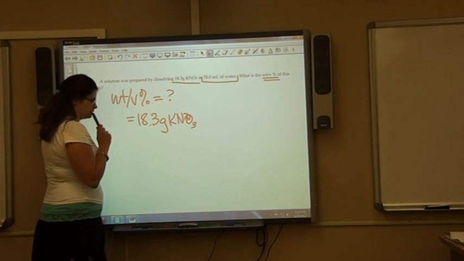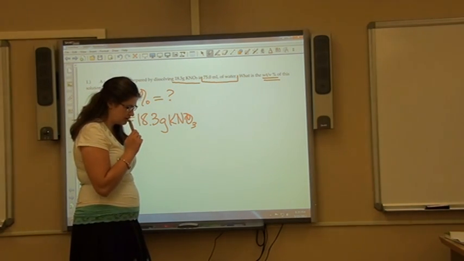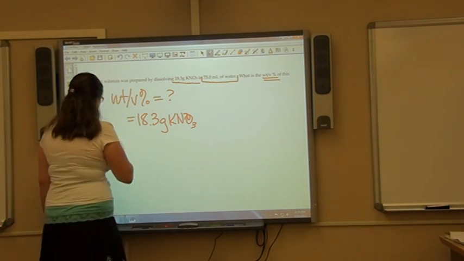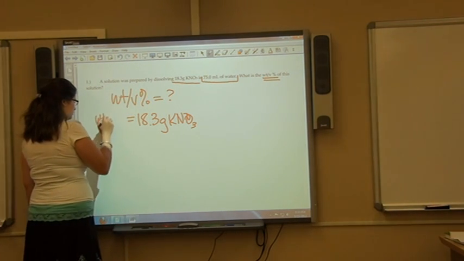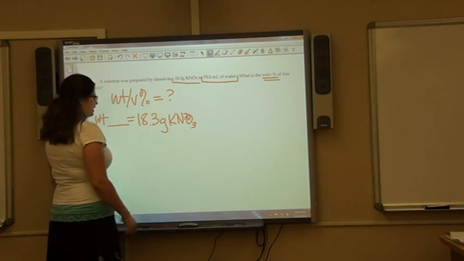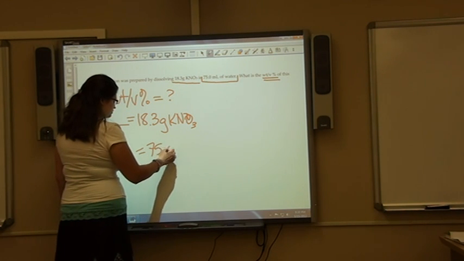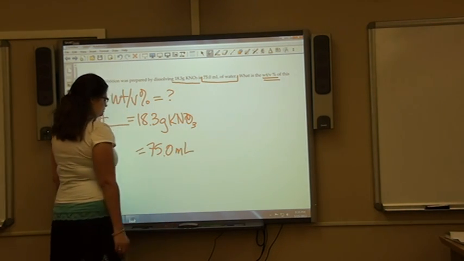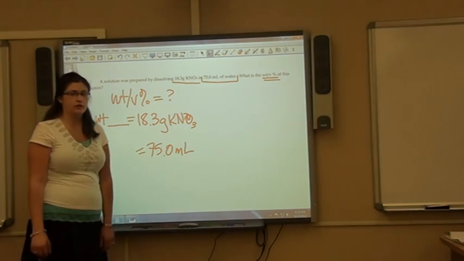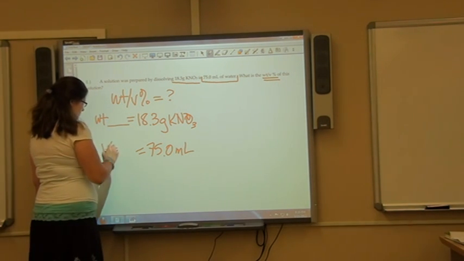Okay, is that weight of our solution or weight of our solvent or weight of our solute? Well, it's weight of something. We don't know yet. And then we're given a something milliliters. Okay, milliliters is what kind of unit? Well, that's volume. So we've got a weight and a volume.